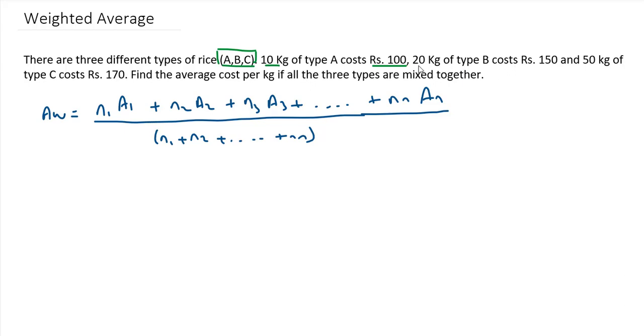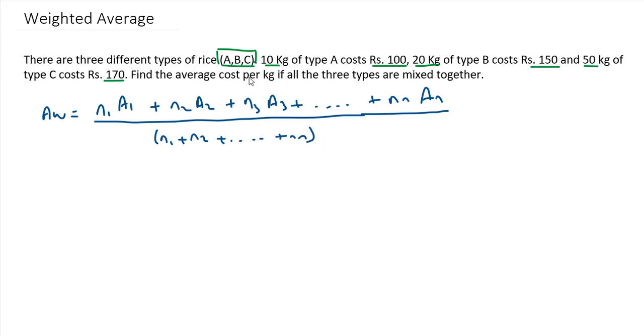So the weight of the second group is 20 kg and cost is 150. Likewise, 50 kg of type C costs 170 rupees. So the weight of the third group is 50 and cost is 170.